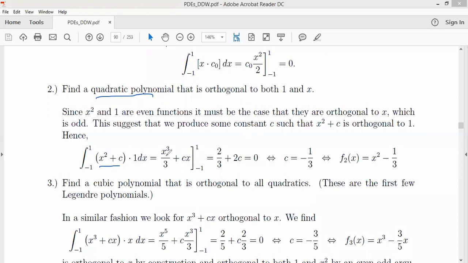Then, of course, if you deal with the integration and you substitute the limits, you realize that the constant C is a third, and then you can substitute and you get the actual polynomial, which is x squared minus a third.